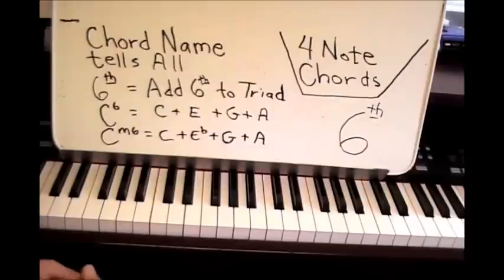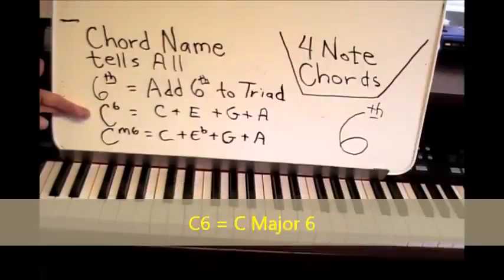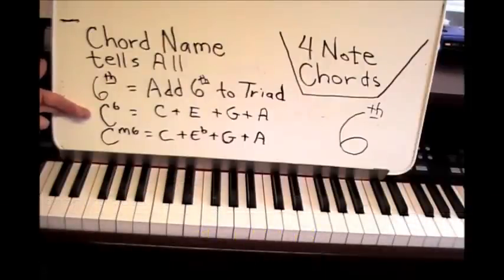The 6th chord means to add the 6th note from the major scale to the triad to create the chord. For example, if we wanted to create a C6, and that means a C major 6 because I didn't specify major or minor, we assume it's major.